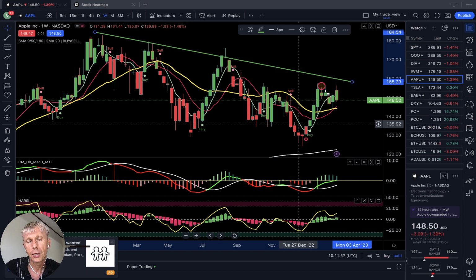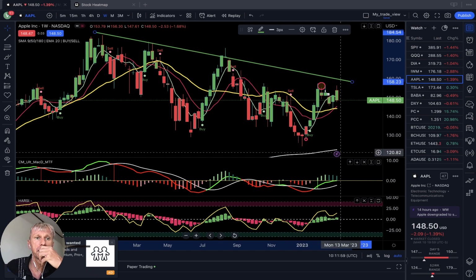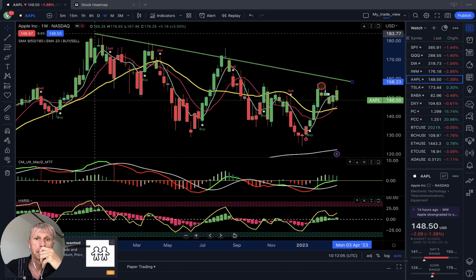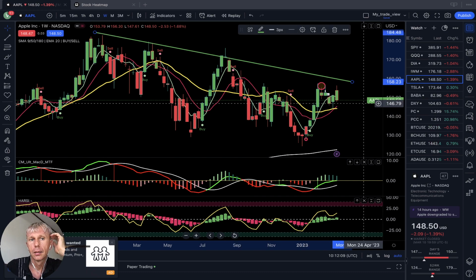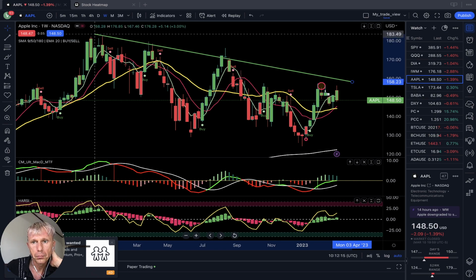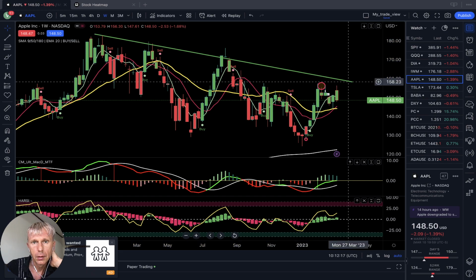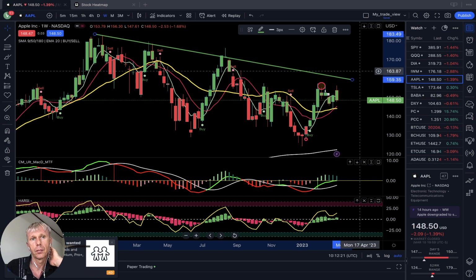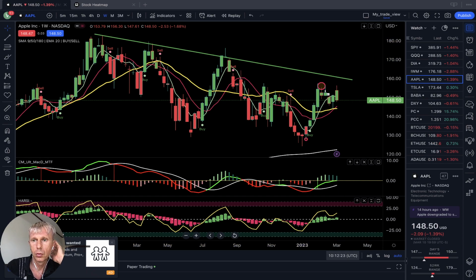Yeah, it didn't touch it yet. Still bullish. Still bullish trend on weekly time frame. Yeah, perfectly like this one. Okay, still bullish trend, no changes.